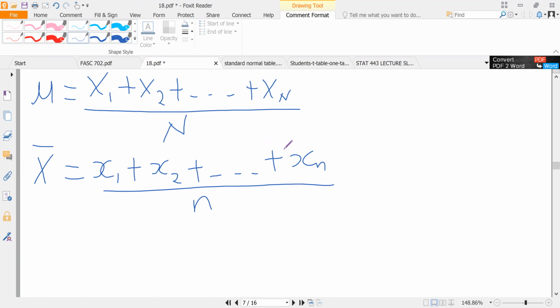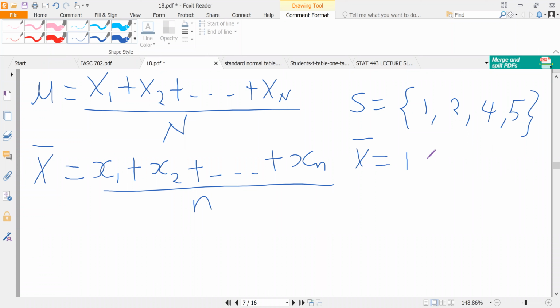And when you have actual values of the sample, for example, let's suppose that our sample S consists of units 1, 2, 4, 5. Then from this sample, you can calculate the estimator X bar to be equal to 1 plus 2 plus 4 plus 5 divided by 4, because that is the size of the sample.